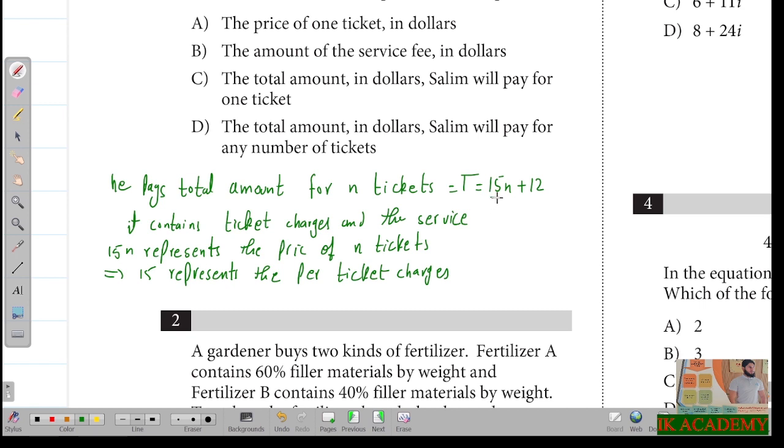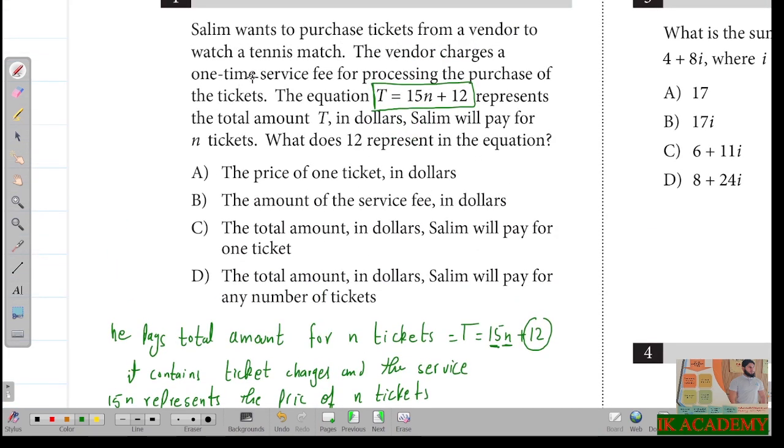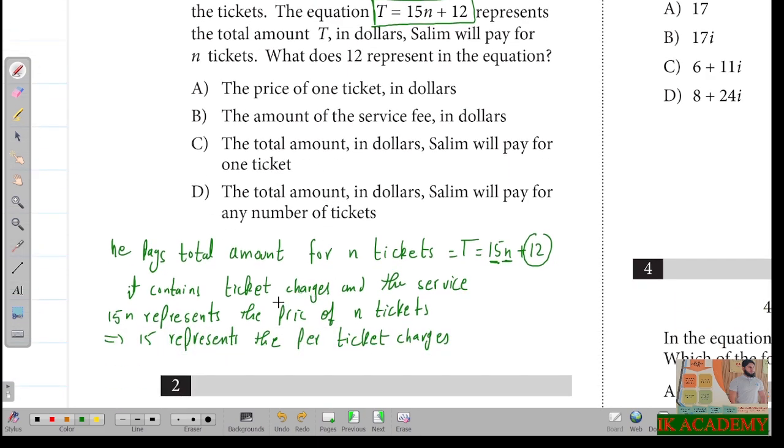So we have already found that n is the number of tickets and 15 is the price per ticket. It means 12 is the amount of service fee which was charged one time by the vendor. If we read options A, B, C, D, we can say 12 must represent the amount of service fee.